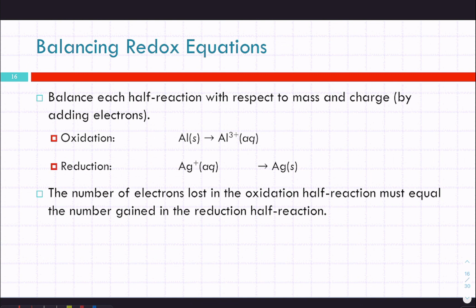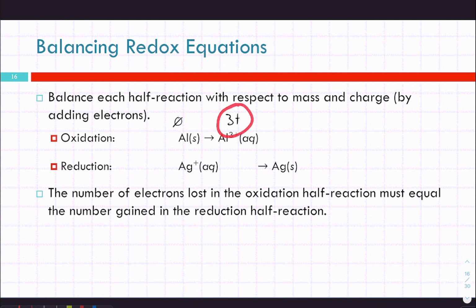The other thing that we do is we balance by charge. So we look at either side and we say, okay, the left here has a 0 charge. The right side is 3 plus. And we add electrons to make them the same. In this case, we can only subtract 1 at a time.